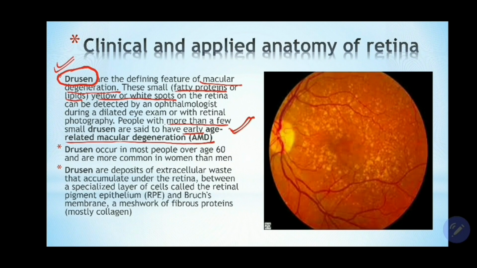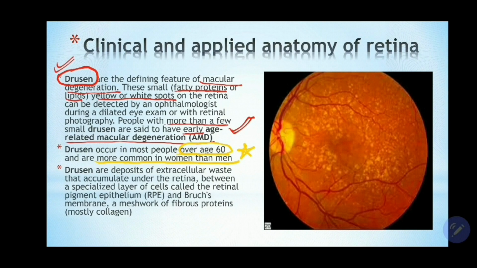Then another point about drusen is that it occurs in most people over the age of 60 years. This is another important point, and this is a super important point, that it is more common in women than in men.